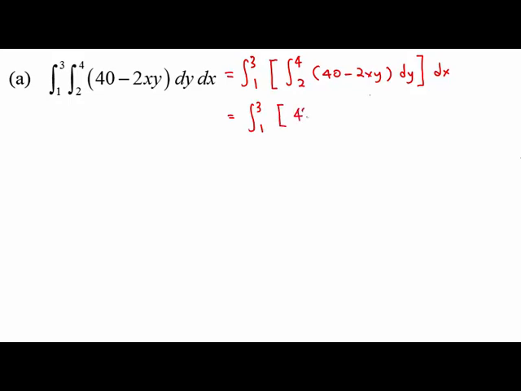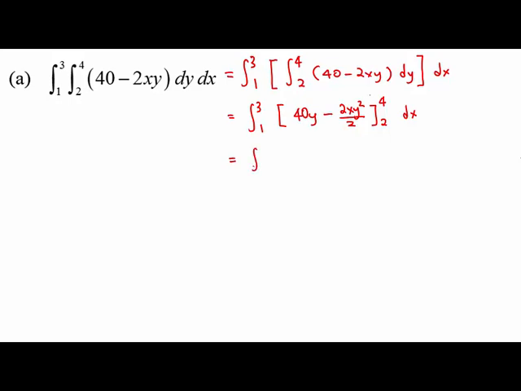Retaining the square brackets, we now integrate 40 with respect to y and 2xy to give us 2xy squared divided by 2. So when integrating with respect to y, we pretend that x is a constant. Now, we just write here the limits of integration, remembering that these are for the y variable.